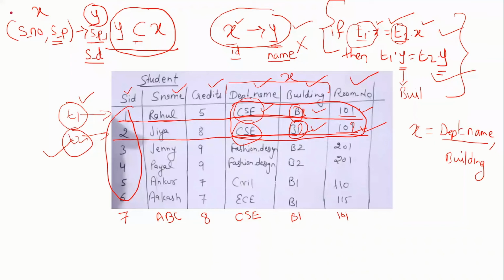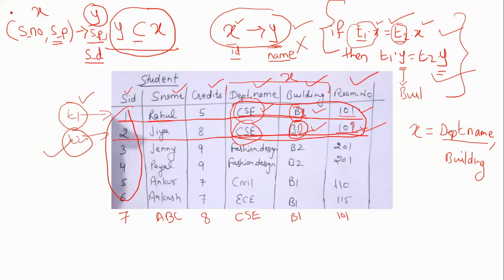Nowadays it is also called pre-processing, which is also a type of normalization, where we remove blank spaces, and blank spaces may be replaced by null values. All these kinds of normalization are there.